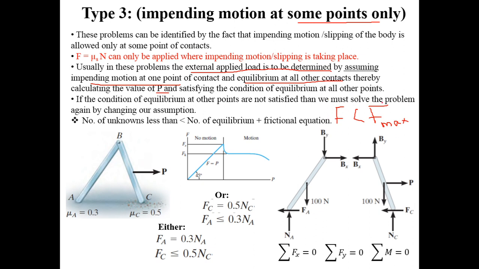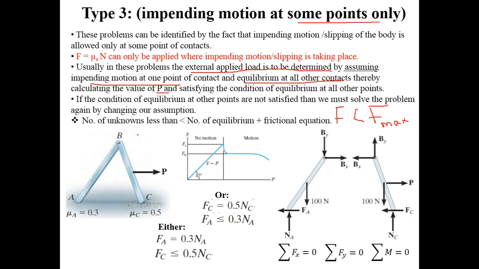So type 1 problems were essentially equilibrium problems. Therefore, whenever you assume a point in equilibrium, you have to satisfy this condition at that point, that the calculated value of friction force must be less than the maximum value of friction force. And if this condition is not satisfied, then you have to repeat your problem.